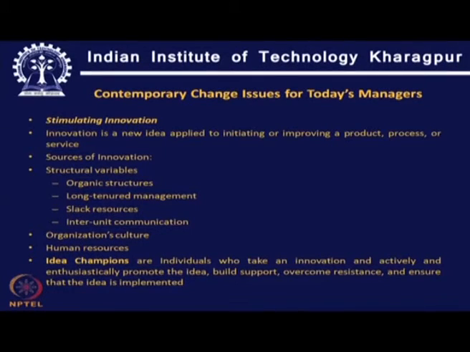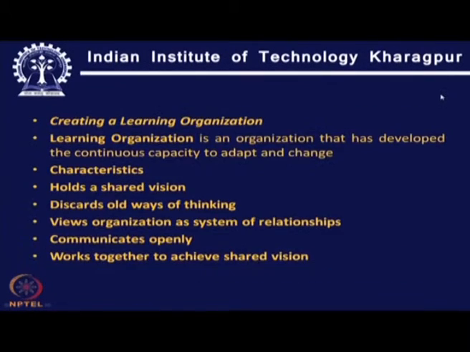Next important change issue for today's managers is creating a learning organization. A learning organization is an organization that has developed a continuous capacity to adapt and change.